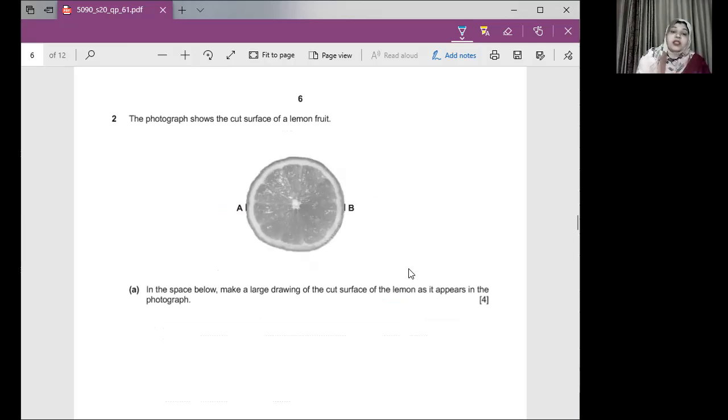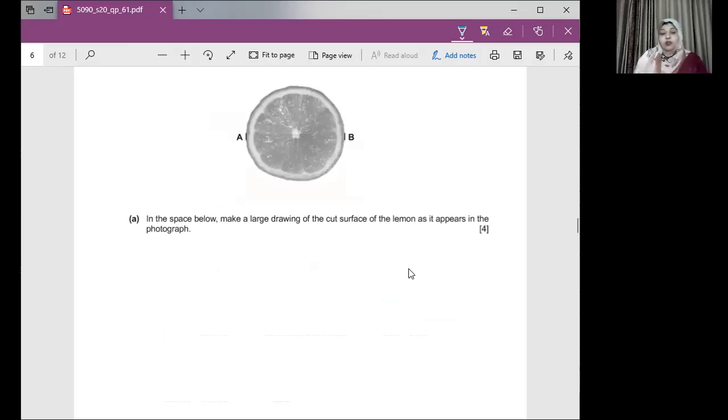When you are drawing the diagram, as we are all students, your main concern is, first of all, when they say make a large diagram, it should be large enough that anyone can easily identify it. Second, you have to focus on the outline. The outline should be sharp, clear, not hazy, not double, it should be neat and clean.